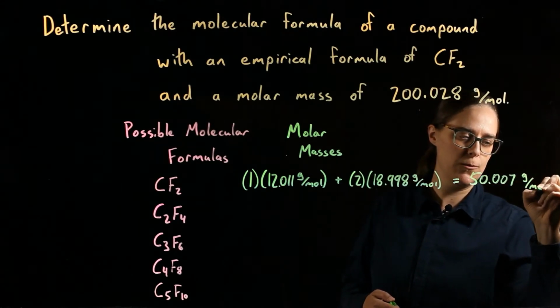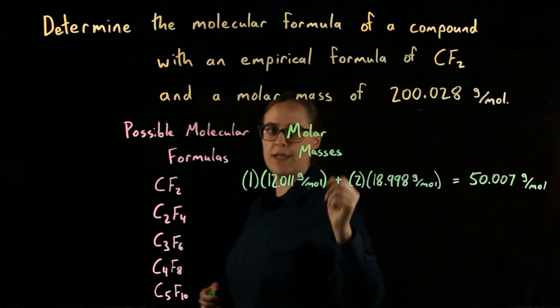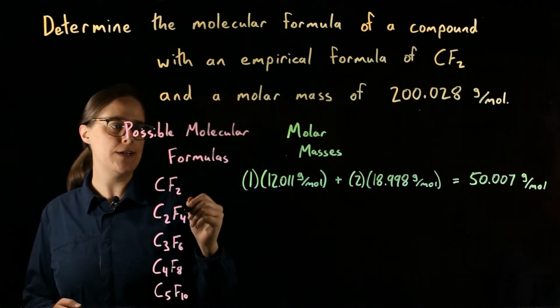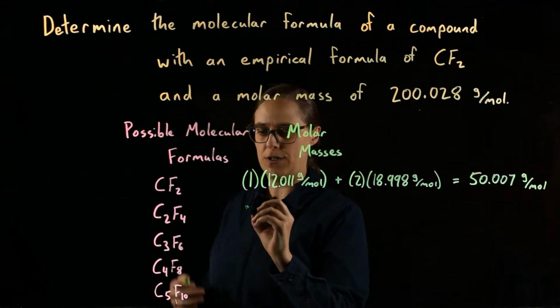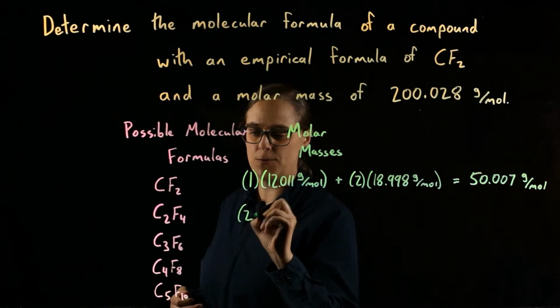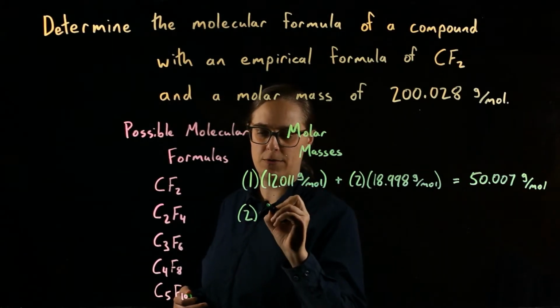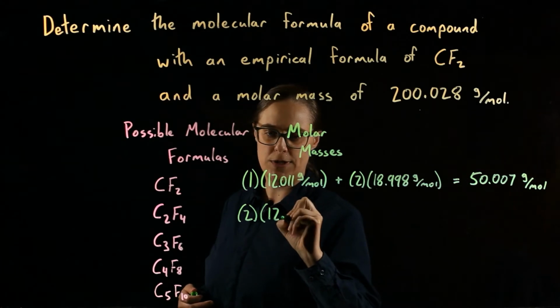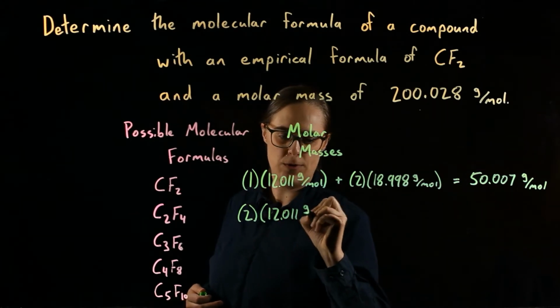Now let's find a molar mass for C2F4. We have 2 carbons, so we need to take 2 times the mass of carbon from the periodic table, 2 times 12.011 grams per mole.